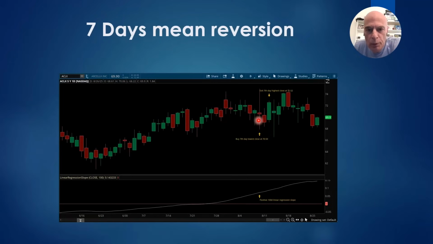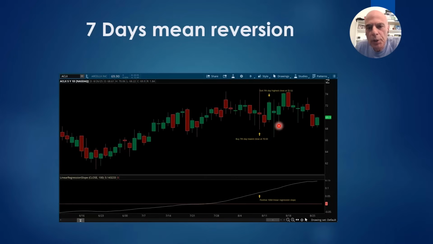If you include this bar plus 1, 2, 3, 4, 5, 6, it was the closing low, and at the same time, the linear regression slope, which is on the lower pane here, is positive, above zero. So that means on a 100-day basis, this particular stock is on an uptrend.